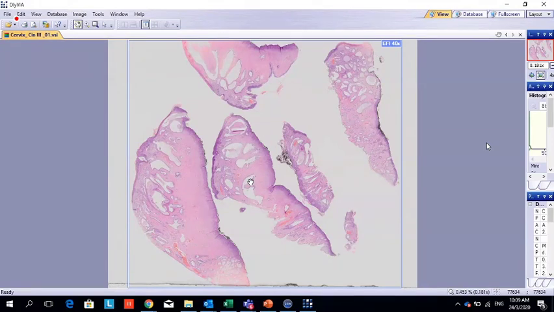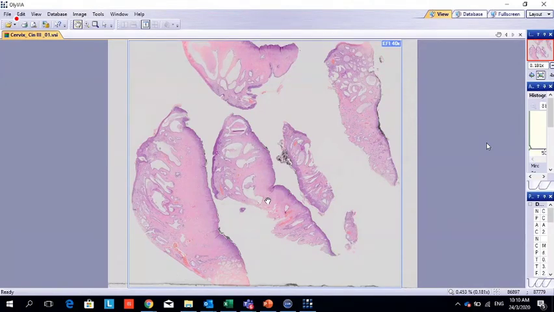Cone biopsy means they cut the cervix in a cone shape. So these are pieces of the cone biopsy. Sometimes when we process the whole cone biopsy, we have maybe 15, 20 pieces.